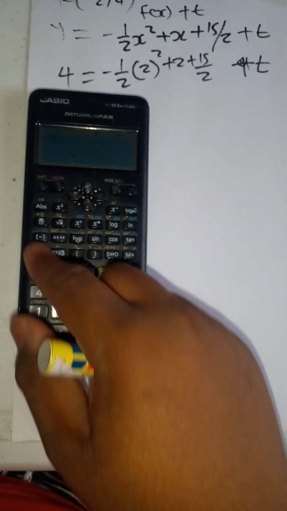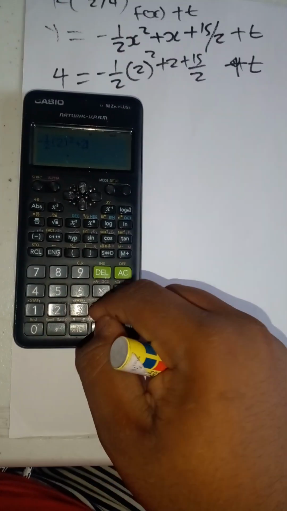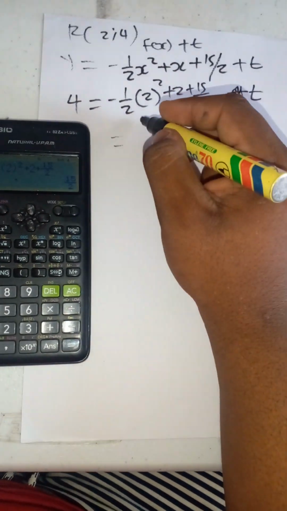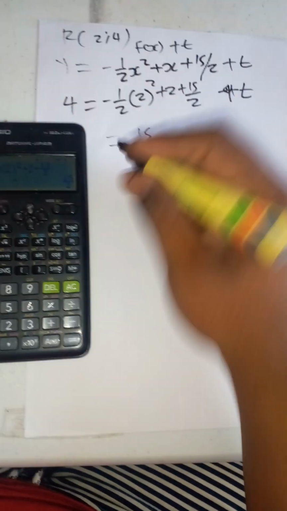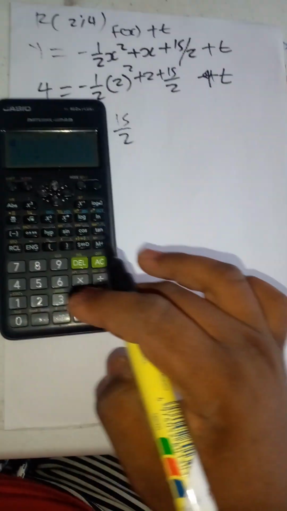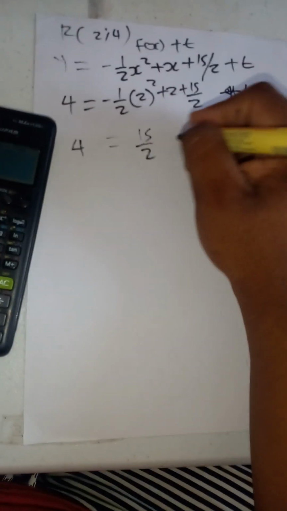So what do we have there? I have negative 1 over 2 times 2 squared plus 2 plus 15 over 2, which is what? This side I have 15 over 2, right? So let's say 4 minus the answer. Let's check something here. I think this side you have plus t.